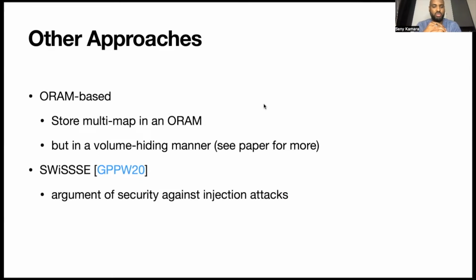This is not just a multimap, it's an SSE scheme, which is a different primitive. There's an argument as to why it is secure against injection attacks, but there's no security definition for injection security. So it's more just an argument.